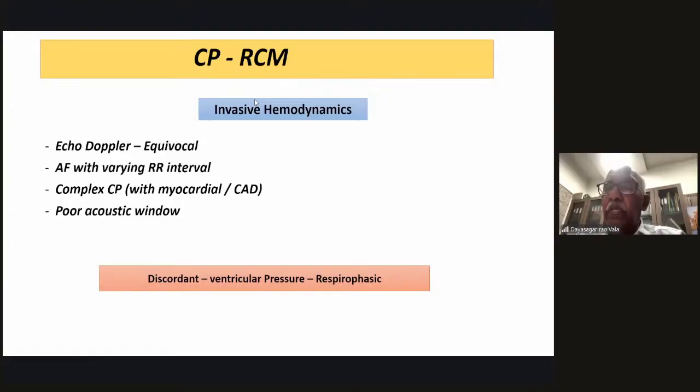And what do you look for in invasive hemodynamics? The discordant ventricular pressures, which are respirophasic, by which I mean during inspiration, there is a rise in the RV pressure and a fall in the LV pressure. Remember, normally both move in the same direction. During inspiration, the LV pressure falls and RV pressure also falls, even though there is an increase in venous return. This is normal. But in constriction, it is the other way.